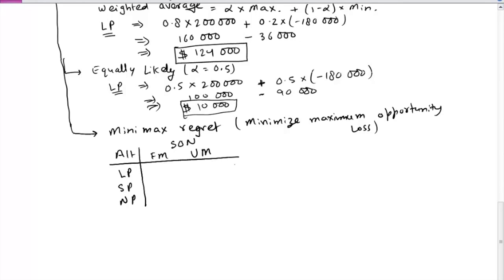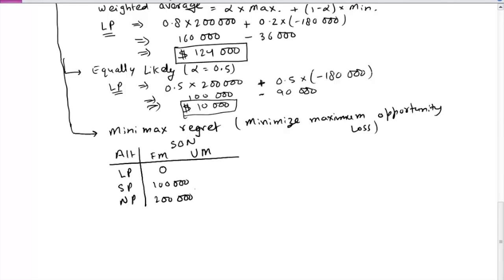So for each column, take the maximum value and from that subtract the payoff. For example, in the first column, maximum value was 200,000. So we do 200,000 minus 200,000, which is 0. And then 200,000 minus 100,000 is 100,000. And also 200,000 minus 0 is 200,000.